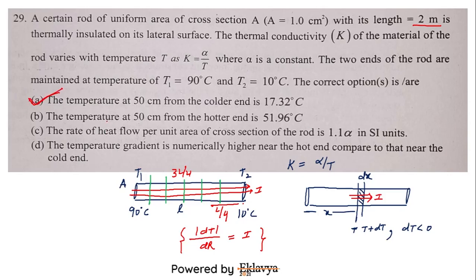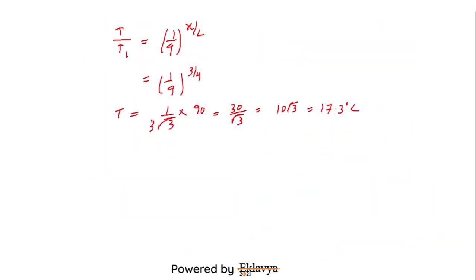Option A is correct. Now, the temperature at 50 centimeter from the hotter end. For this option we'll put x equal to L by 4. So T will become T1 into 1 upon 9 raised to the power 1 by 4, as x is L by 4.